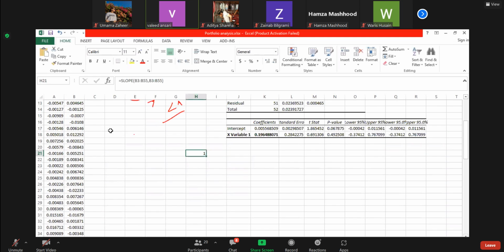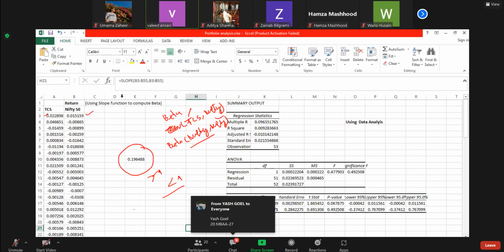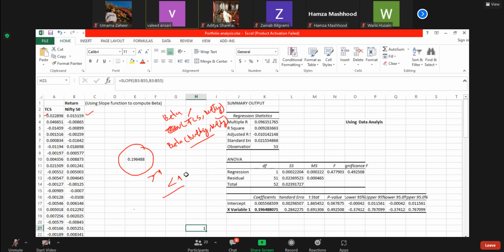Here, the slope of this B, which is given in B. That is why it will be 1 by default, because the movement of the market with itself is nothing but the variance. You have studied in the covariance matrix that the covariance of any security with itself is nothing but the variance, so it will be one.